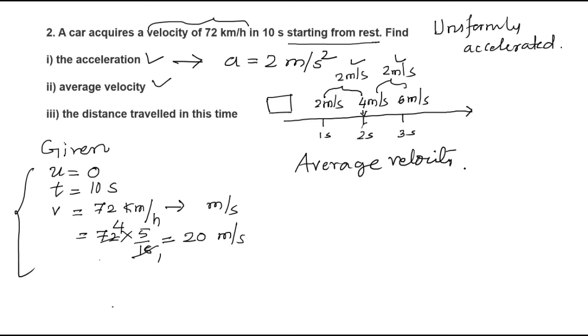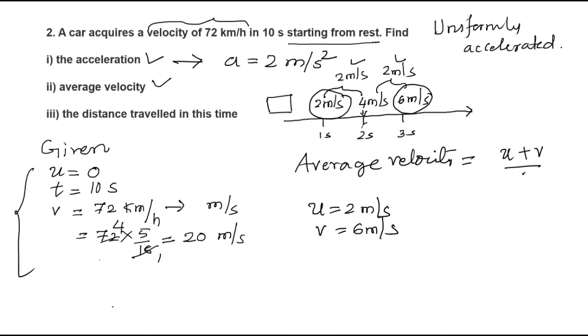Now how can we put that in a formula? If we refer to this velocity as the initial velocity, that is 2 meter per second, and this is the final velocity, v, which is 6 meter per second. You all know that u is initial velocity and v is final velocity. The average of these two is u plus v divided by 2.